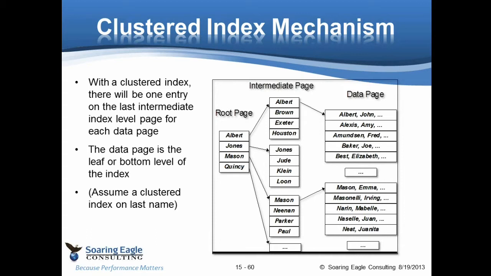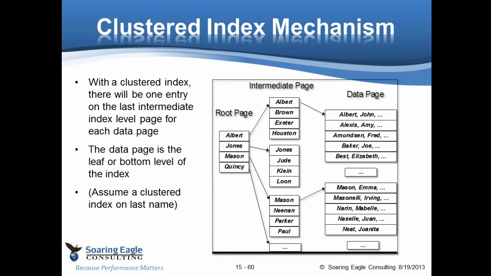If not, I can read the next page. I'm sorted in name order, so I can just go there. 3 to 4 IOs to get 50 Bakers, 53 IOs to get 50 Amy's. As you start increasing the number of rows that you're bringing back with that non-clustered index, the cost of the non-clustered index gets very high.